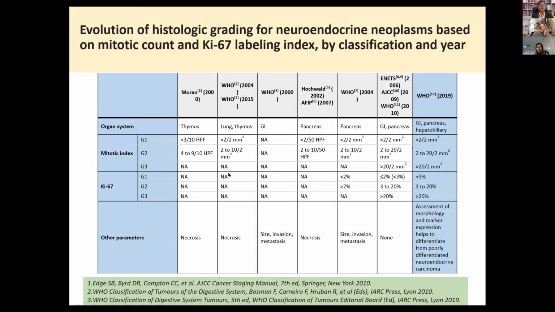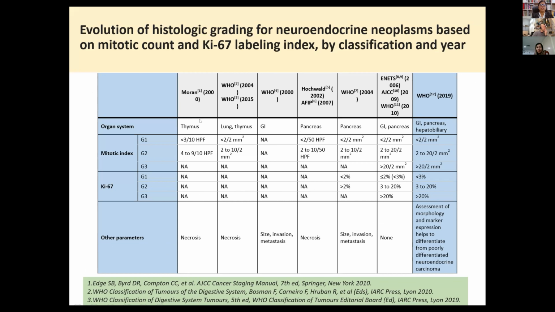In this table, you can see the evolution of the histologic grading of neuroendocrine neoplasm based on mitotic count and Ki67 labeling index, by the classification and according to the years.